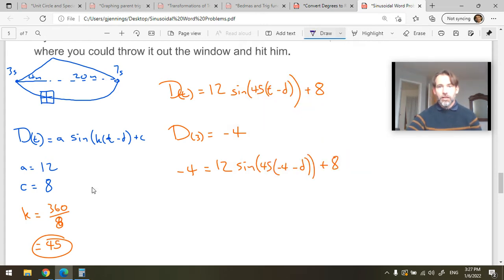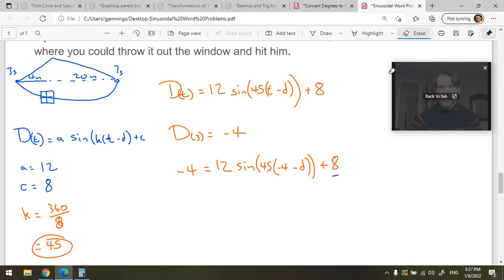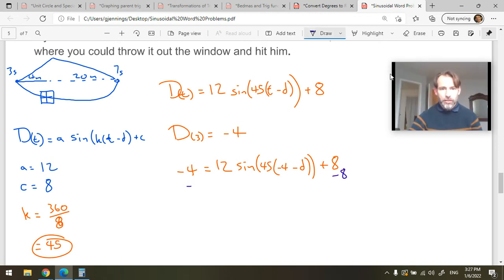My first inverse operation is to subtract 8 from both sides, and then divide the rest by 12. So I'm going to get -1 is equal to sine 45 times (3 minus d).